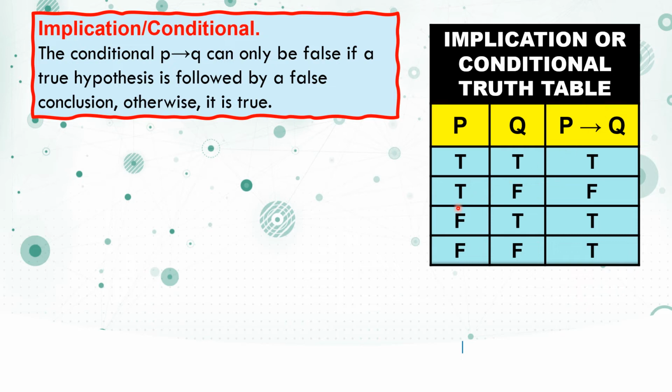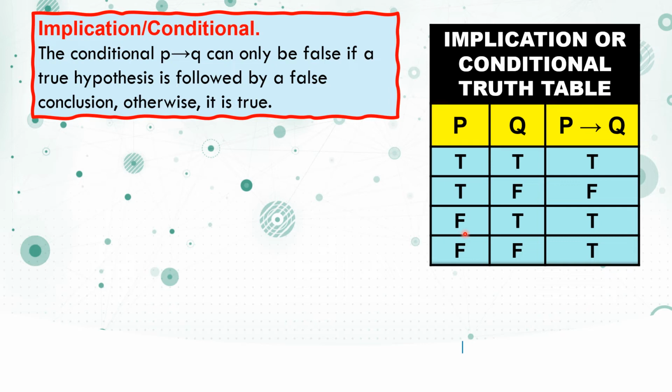So, pag yung hypothesis natin ay true, followed by a false conclusion, so we have T, F, then the conditional is false. Otherwise, lahat na ay true. So, dito, kapag yung hypothesis ay true, conditional is true.